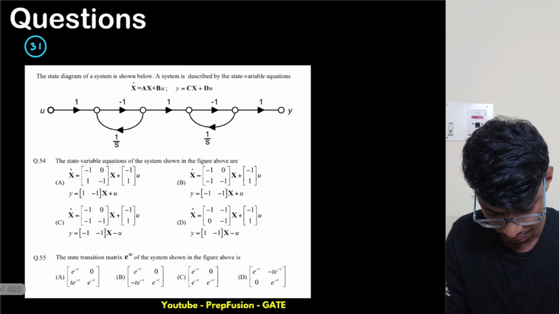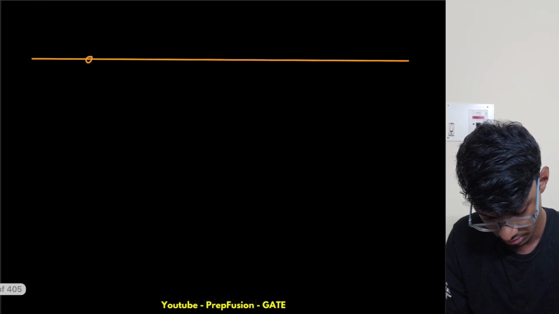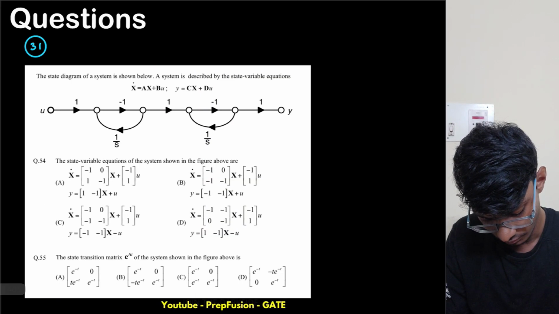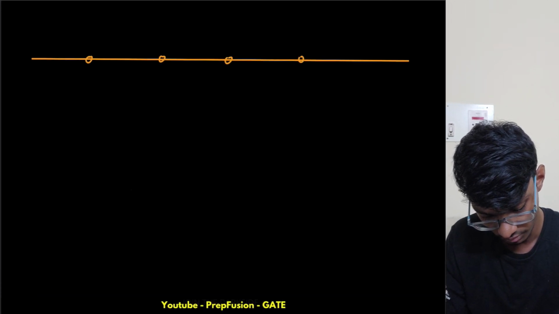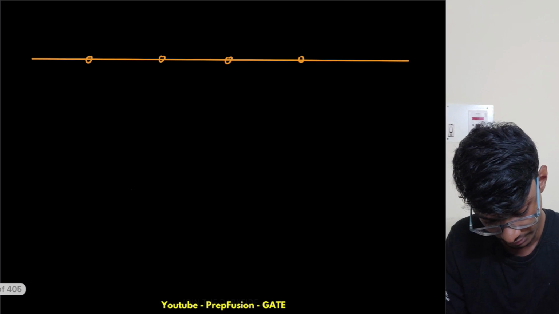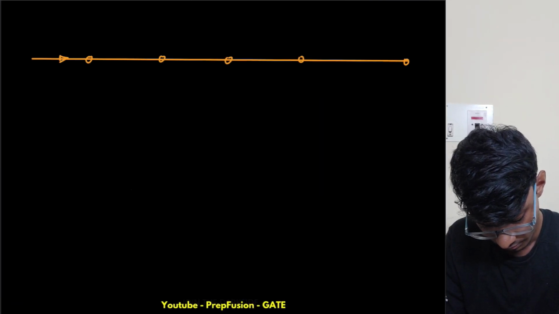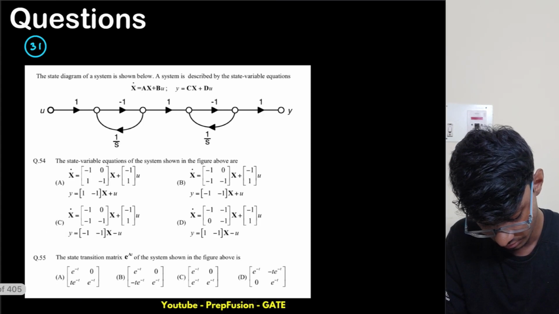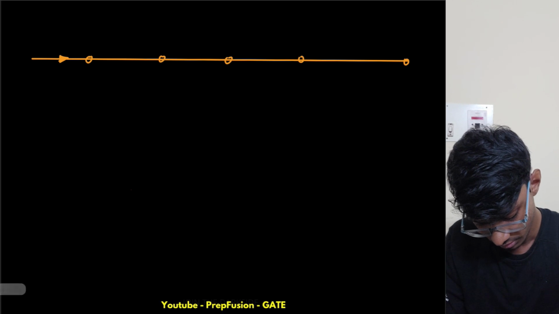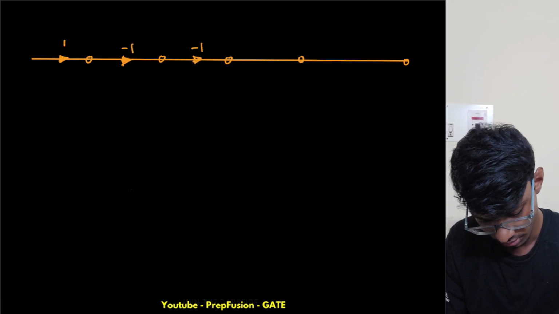This is 1, 2, 3, 4, 2, 3, 4 and 5. This is -1. Is this -1? No, this is 1 only. This is 1, this is -1, this is 1, this is -1.